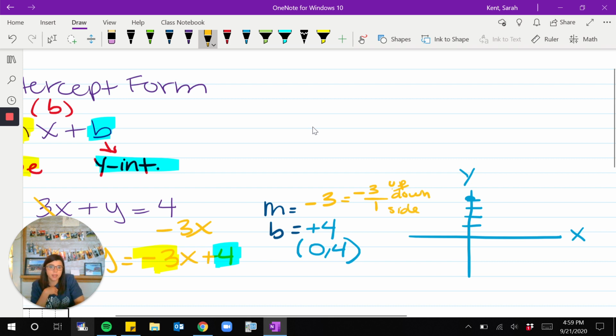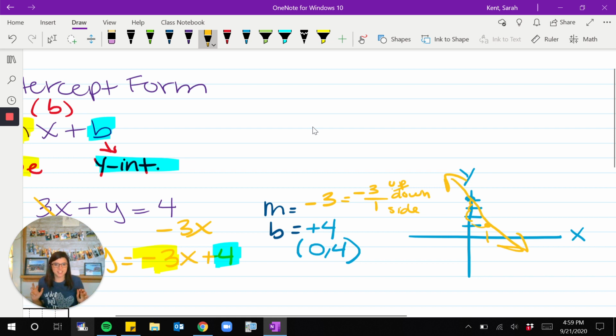Since it's a negative, I'm going to go down 3: 1, 2, 3, and then I'm going to go over 1. I can just make a mark over 1. Now all I need is these 2 dots, and I can draw a straight line. This dot goes here, and I can connect. It's not perfect, but you get the idea.